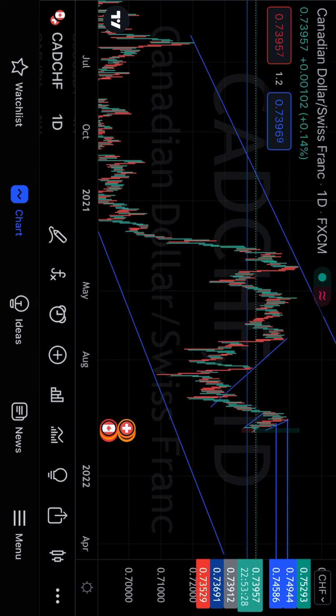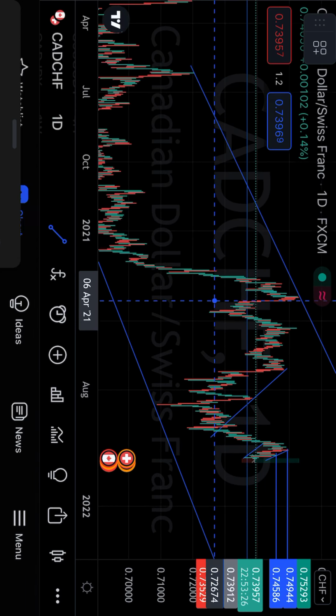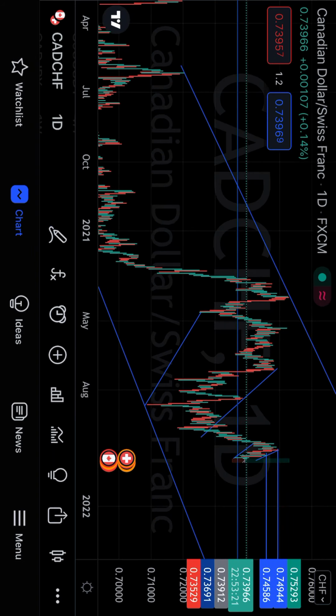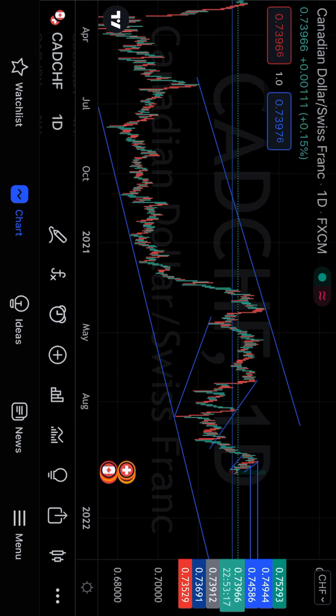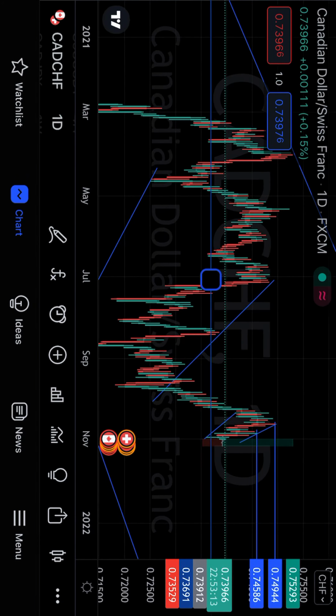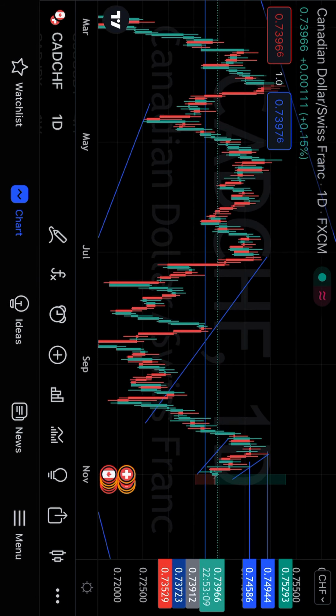Going down, zooming in, we can connect these lows, right? So this was a wedge pattern. Price broke out of this wedge pattern, tested on this key level support, right? So now moving up.